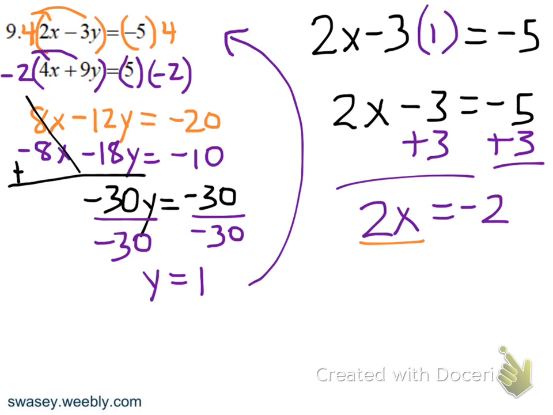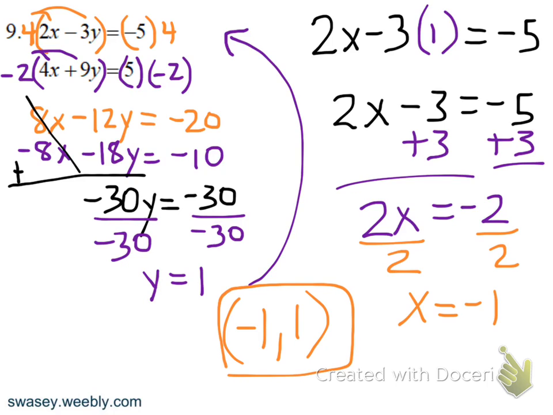To get rid of multiplying by 2, divide by 2. Put it together as an ordered pair, x, then y. So we have intersecting lines and they intersect at the point (negative 1, 1).